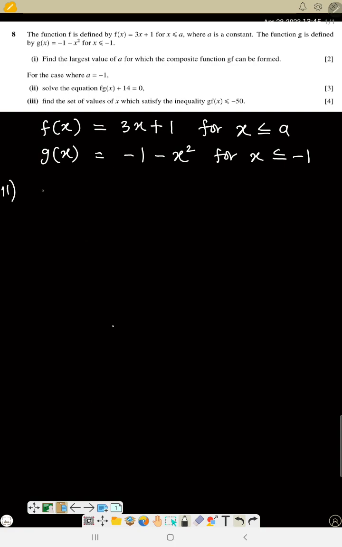Solve fg of s plus 14 is equal to 0. So remember, f of s is equal to 3s plus 1.